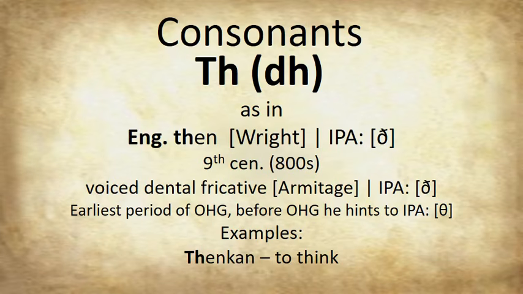So with Armitage, he says that this would be the sound of the earliest period, but before this sound, it would be a TH as in thing, so a voiceless dental fricative. But to make things easy for you guys, if you see a DH or a TH, pronounce it as you would in English then, so a th sound. So we have our example here of denkan, to think.